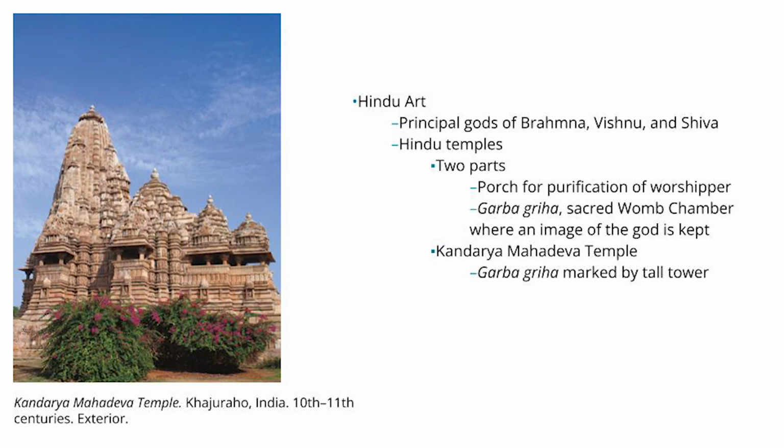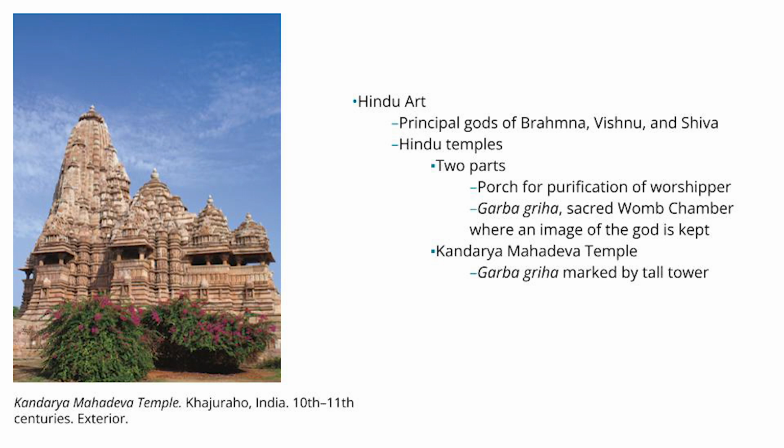Now, still in India, but switching to a different religion or spiritual pathway, let's talk about Hindu art. The principal gods of Hindu are Brahma, Vishnu, and Shiva. Hindu temples all have two parts. There is a porch for the purification of the worshipper, and then there is a place on the inside called the Garbha Griha. I'm so sorry if I'm mispronouncing anything in this episode, by the way.